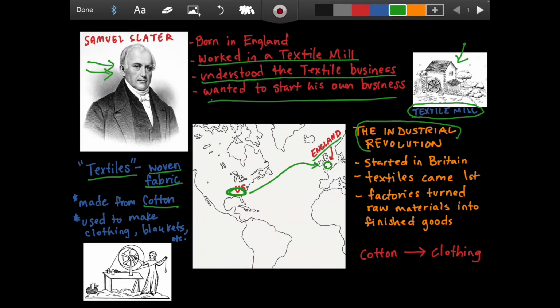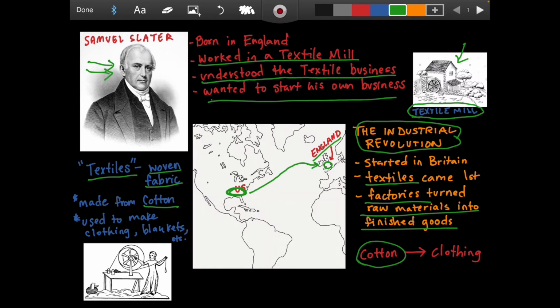The Industrial Revolution actually starts in Great Britain. They were the first to figure out how to make textiles. And then from there, other industries developed as well. But these factories would turn raw materials into finished goods. When we think about a raw material, we think of cotton. Cotton just naturally grows out in the field. If you water it, if you take care of it, cotton will grow.